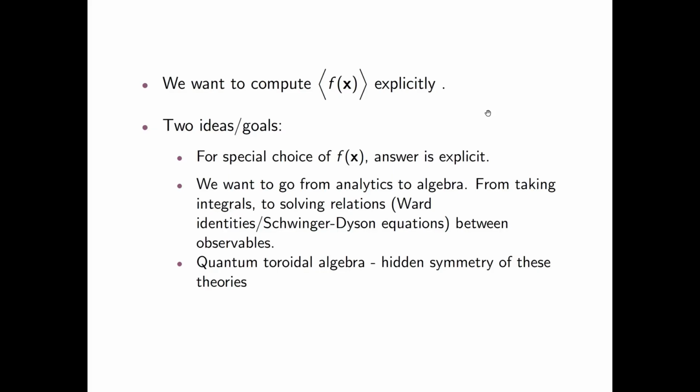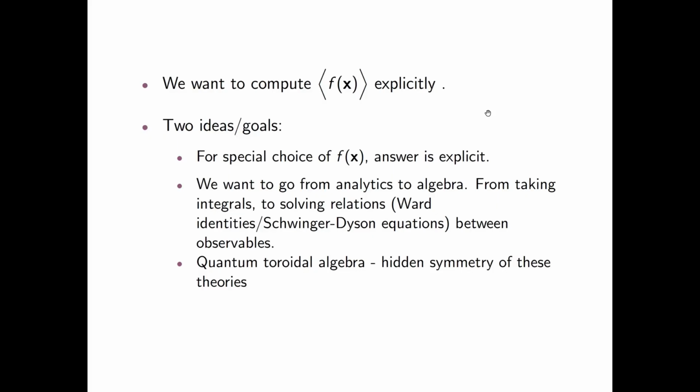And so there'll be two ideas and goals. So when we ask to compute the expectation value of some observable, we don't actually mean to compute an expectation value of a generic observable.